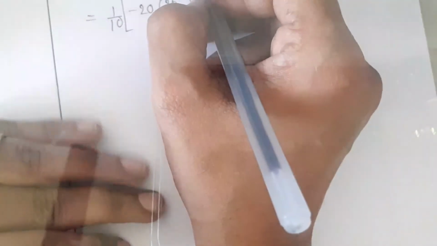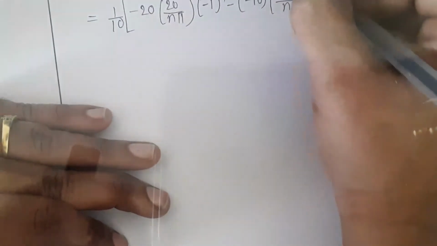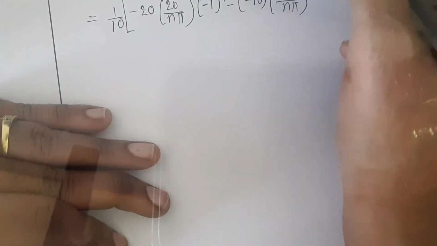So find out the solution, simplify it further, we get it is equal to 1 by 10 times minus 20 multiplied by 20 by n pi. See, if we substitute here x is equal to 20, it becomes 20. So minus 20 into 20 by n pi multiplied by cos of n pi, it is minus 1 to the power n, minus of minus 10 into minus of 20 by n pi. So this 20 sin n pi becomes 0 here.